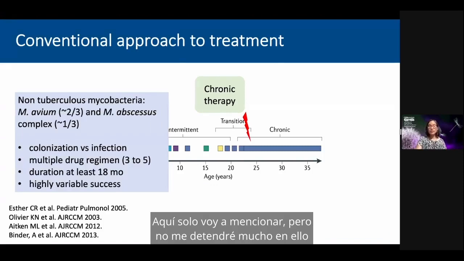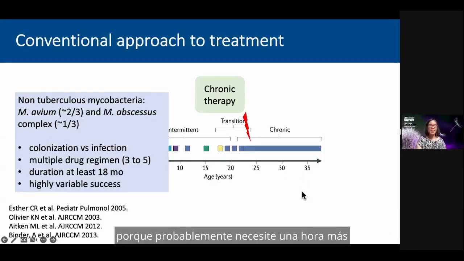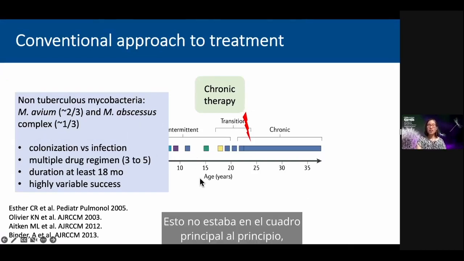Here, I'm just going to mention, but not really dwell on it, because I'd probably need a whole other hour to talk to you about this, because it's such a complex issue: non-tuberculous mycobacteria. This was not in the main chart at the beginning, but it is an emergent and very problematic infection.